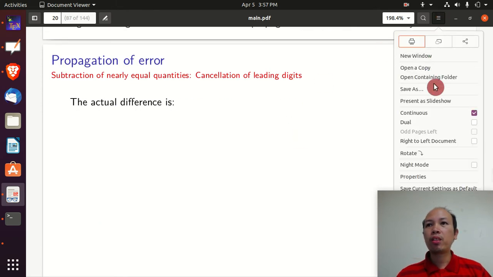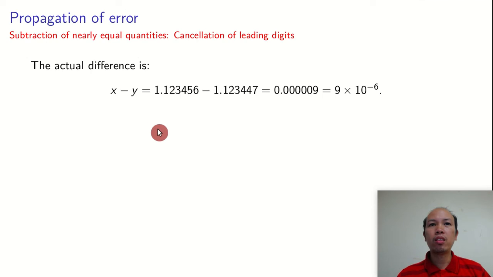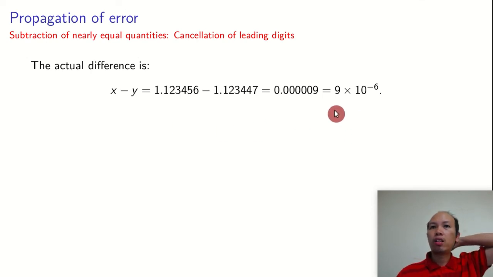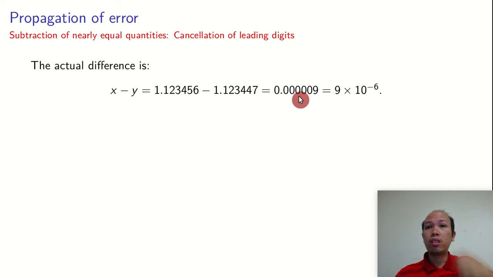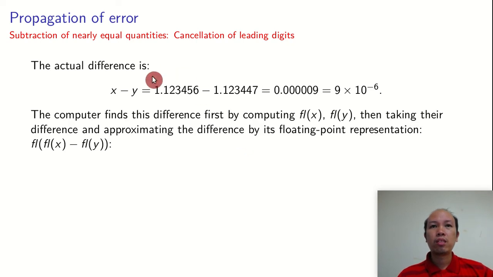The actual difference is 9 times 10 to the negative 6. This is the actual difference without rounding.